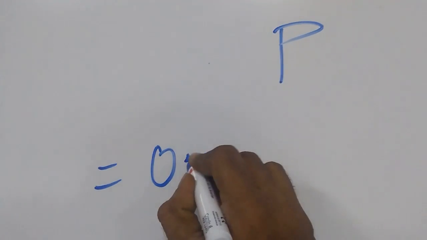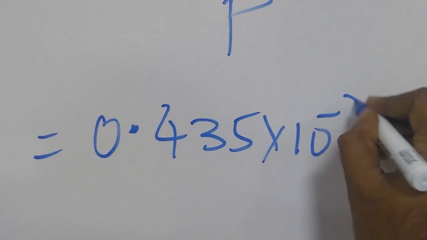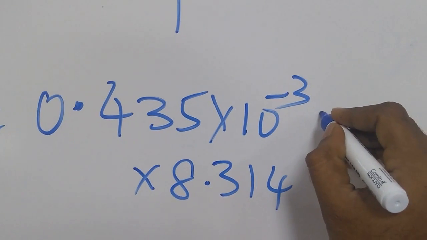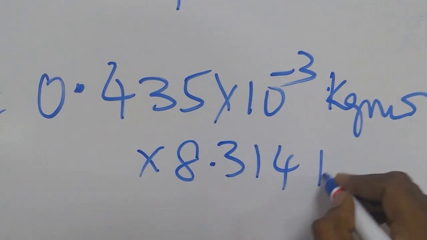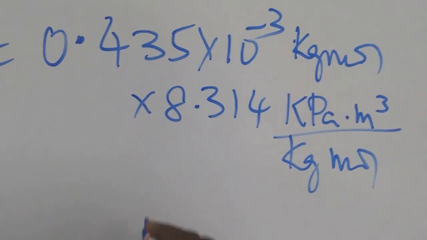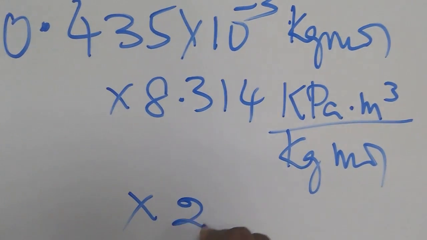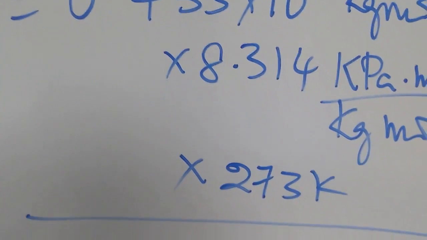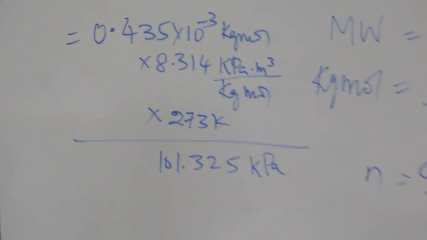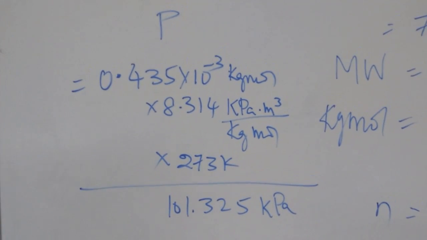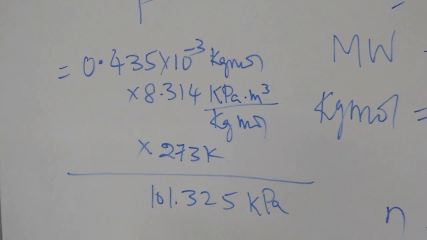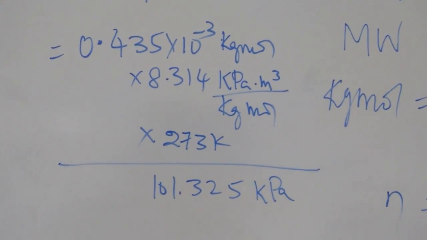The n value we have determined is 0.435 into 10 power minus 3, into R value 8.314 kilopascal meter cube per kg mole Kelvin, into temperature at STP 273 Kelvin, divided by pressure 101.325 kilopascal, right?